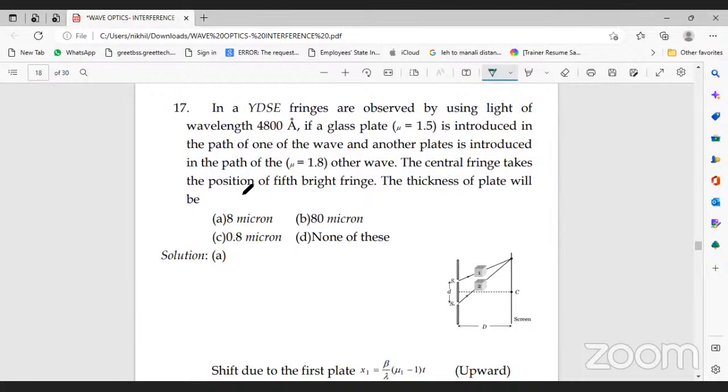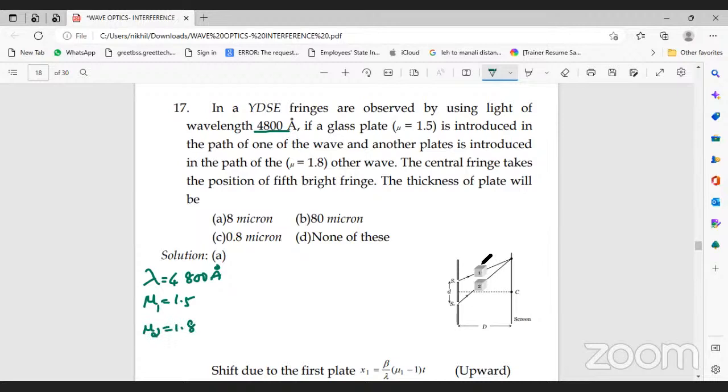This is also the same thing. What is the wavelength they are using? 4800 angstrom. What about the refractive index? 1.5. It is introduced in one path of the wave. Another plate is introduced for the second case, with 1.8 for the other wave.